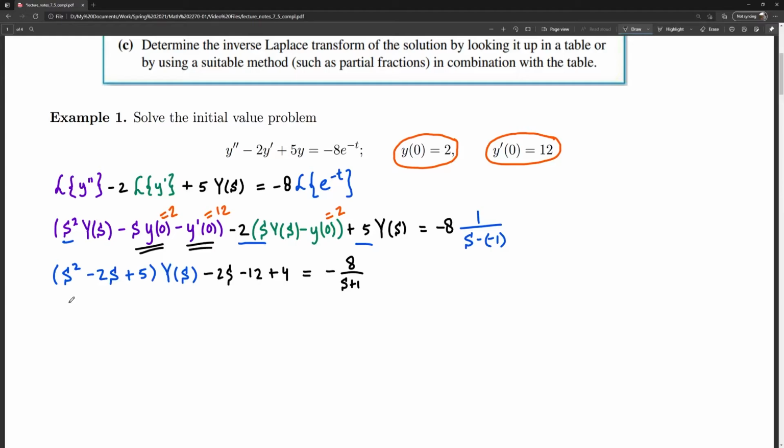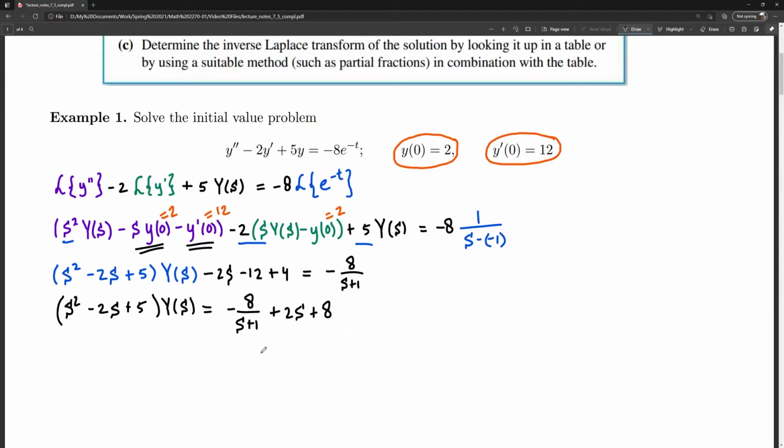And so what we get then is s squared minus 2s plus 5 times Y of s is equal to negative 8 over s plus 1 plus 2s plus 12 minus 4, or just plus 8, right? This is negative 8, bring it to the other side, we get plus 8.